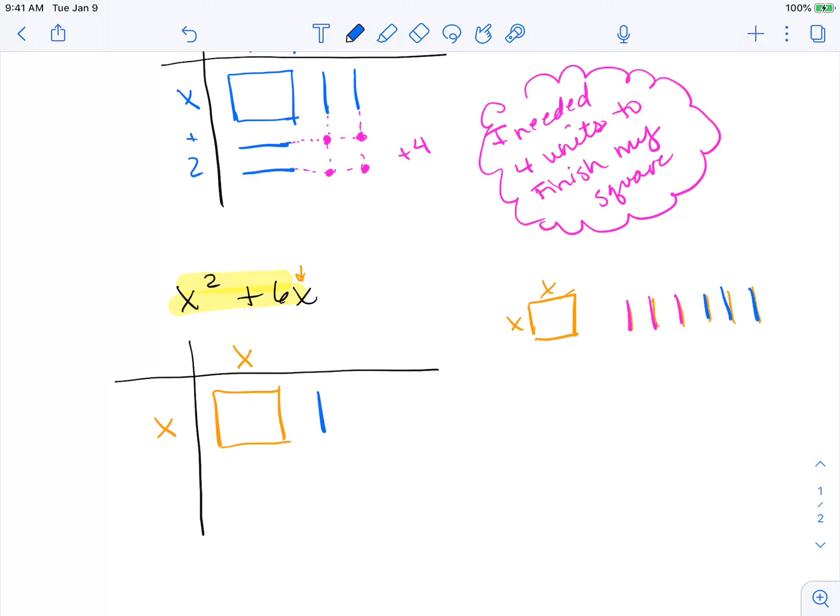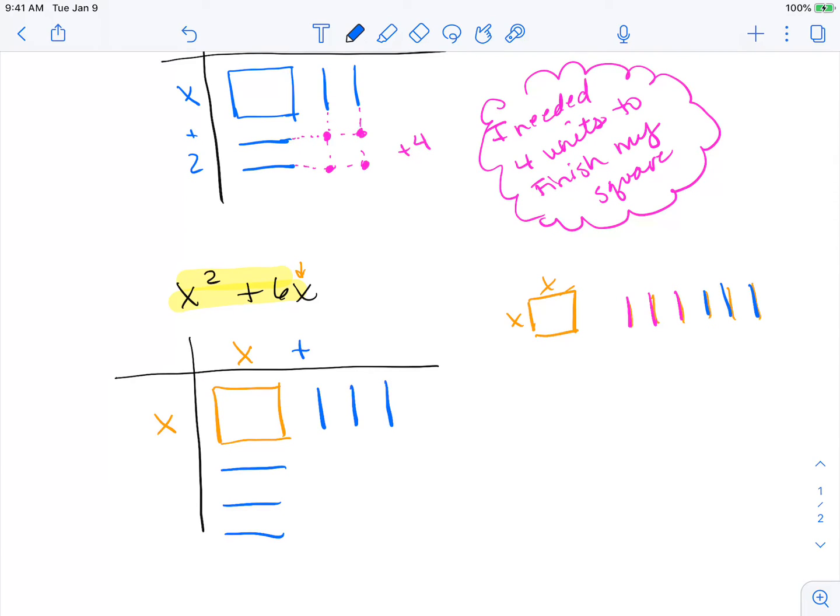So I got 1, 2, 3 going this way, and 1, 2, 3 going this way, so I have a square. So it's equal length in both directions. And I can write this down saying I've added 3 in this direction and I've added 3 in this direction.